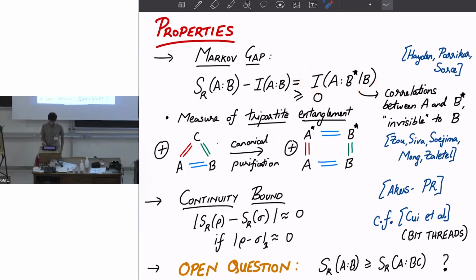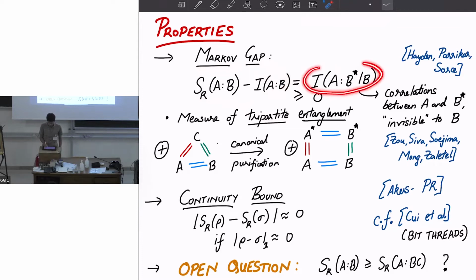It's a conditional mutual information between A and B star given B, which should roughly be thought of as measuring the correlations between A and B star which are invisible to B. So if all the correlations between A and B star are mediated by B, then the conditional mutual information vanishes. And the Markov gap, which is the difference between these two, is a measure of that correlation.